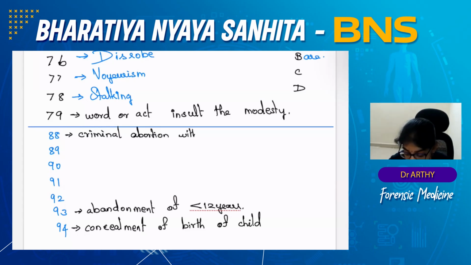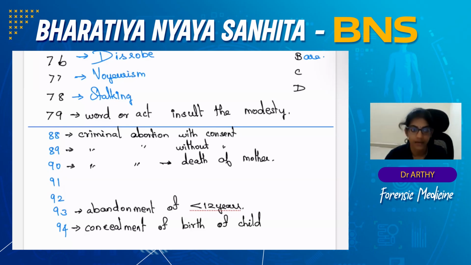Now, without consent, next section. Next, criminal abortion that results in death of mother.